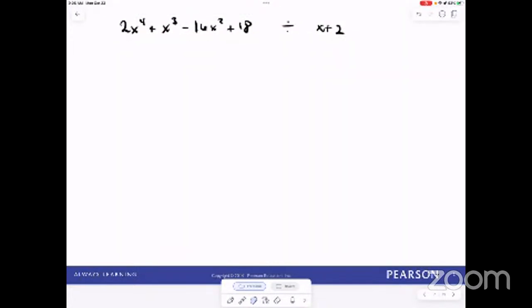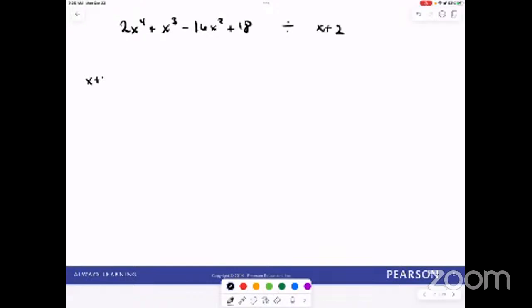Our dividend. The first thing, when we're writing this out, is we need to make sure that every power is accounted for in our dividend. We've got power of 4, power of 3, power of 2. Notice the power of 1 is missing, so we need a placeholder here. Our divisor is x plus 2.